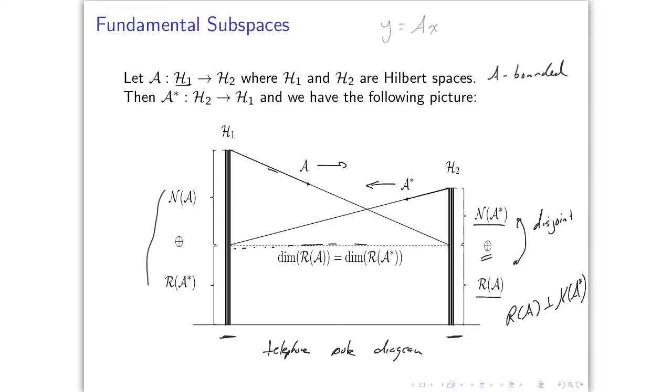These diagonal lines represent that A maps over here to the range space of A, and A star maps here to the range space of A star. And this flat horizontal line represents the fact that the dimensions of these two range spaces are exactly the same. This is something that we'll show, but the dimension of the range space of A is equal to the dimension of the range space of A star.